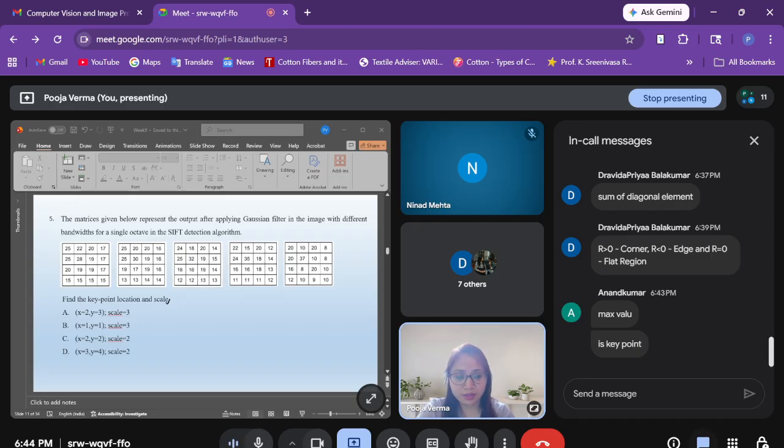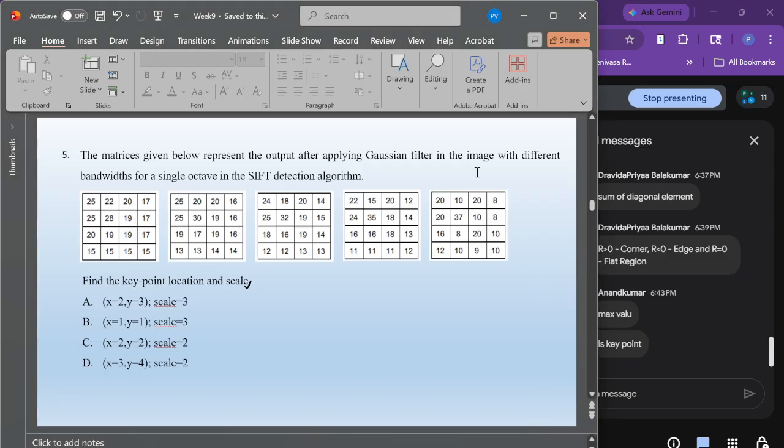Okay, we will solve it. How are 26 neighbors there? 8 in the same layer, 9 in the layer above, and 9 in the layer below. So that is 26 neighbors.